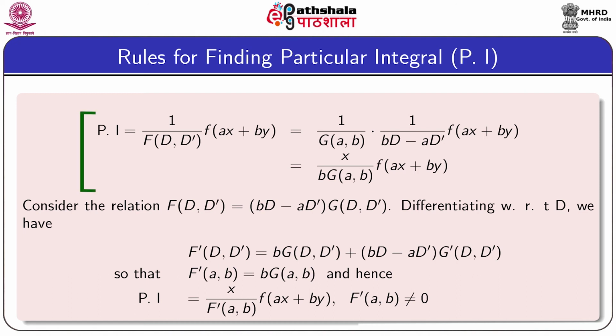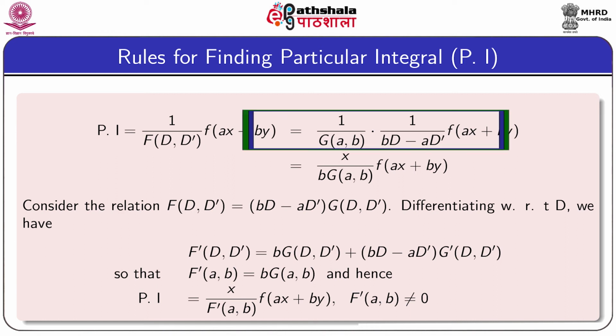Since G(a, b) is not equal to 0, after operating 1 by G(D, D dash) on f(ax plus by), one can replace in the function G, D by a and D dash by b. So, we obtain the expression 1 by G(a, b) into 1 by (bD minus aD dash) operating on small f.